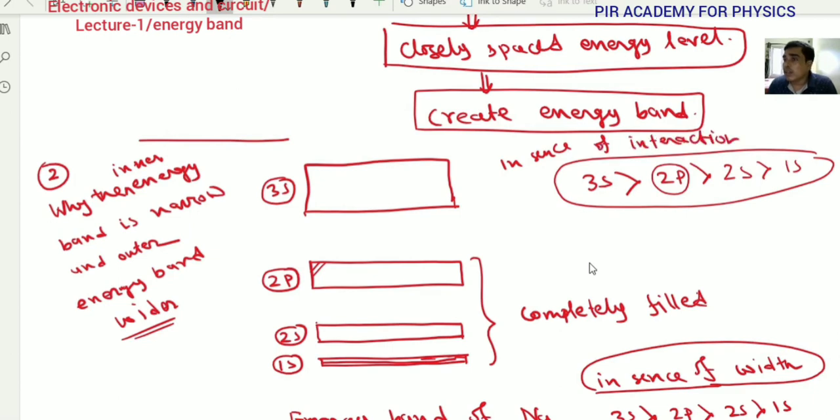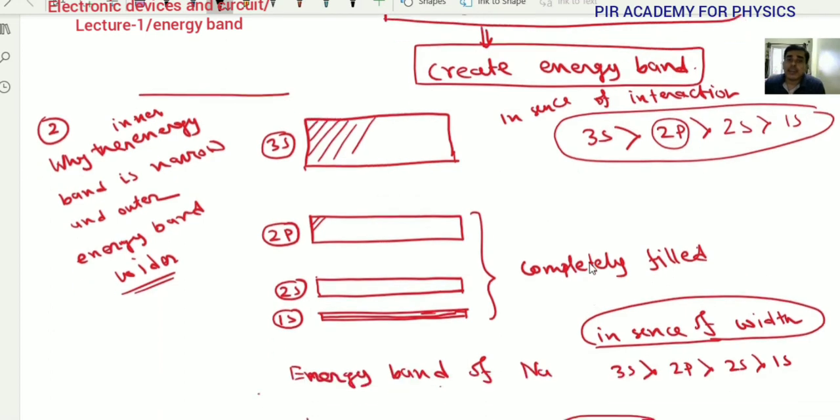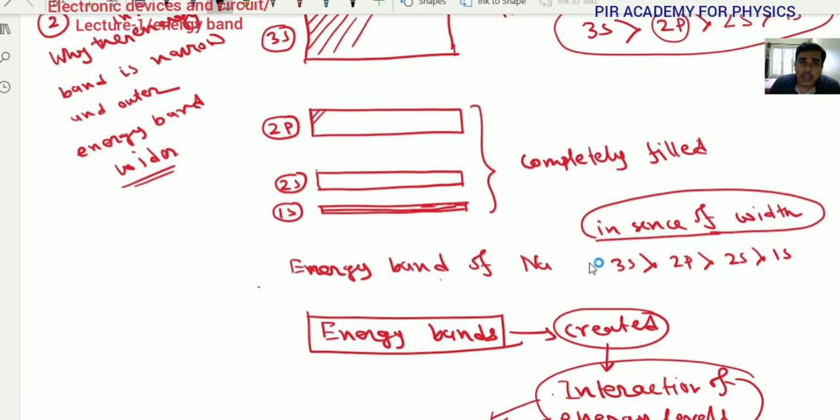This is the condition. That means the outermost energy levels have stronger interaction with each other. That's why the outer energy band is wider, and for the inner energy band the interaction is not as strong, it is weak. That's why this energy band is thinner.